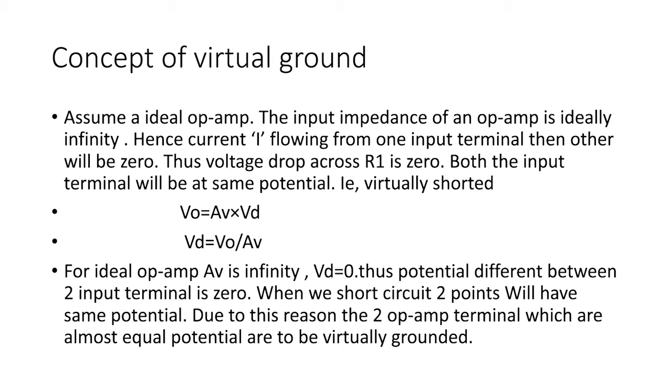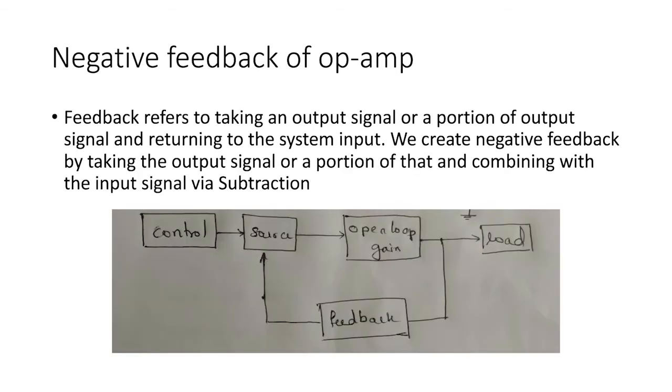Thus the potential difference between the two input terminals is 0. When we short circuit, two points will have the same potential, that is 0. Due to this reason, the two op-amp terminals which are at almost equal potential are said to be virtually grounded.